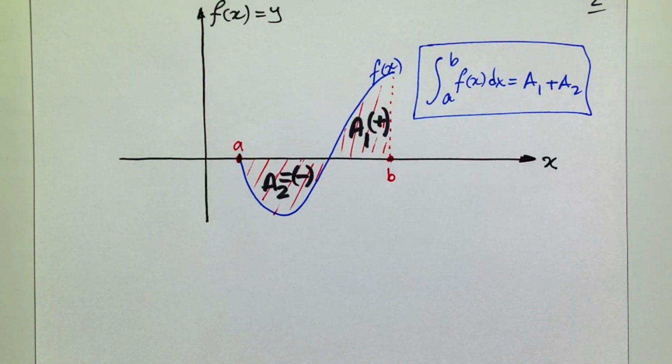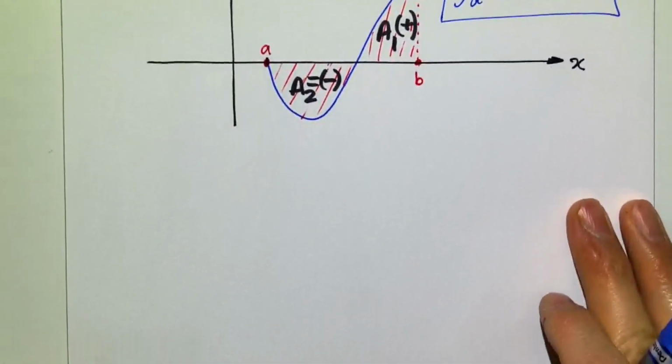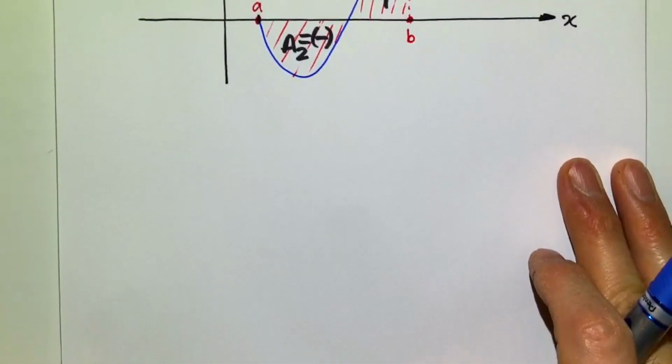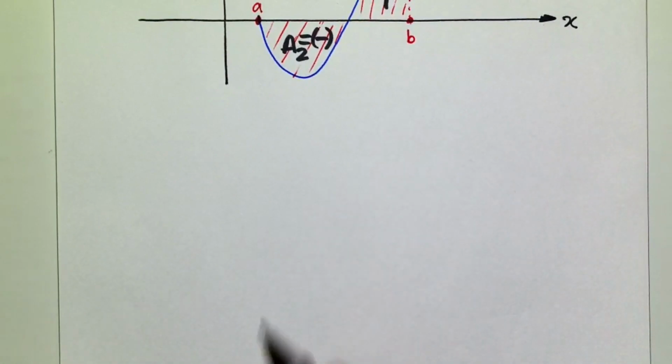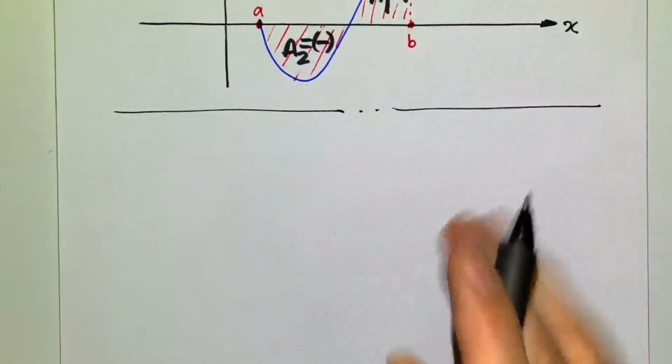All right, so then, having said that, we should look at some properties of definite integrals. Okay, so this definite integral has some properties. I think I should be able to fit all these properties on the remainder of this page, so let me do that.